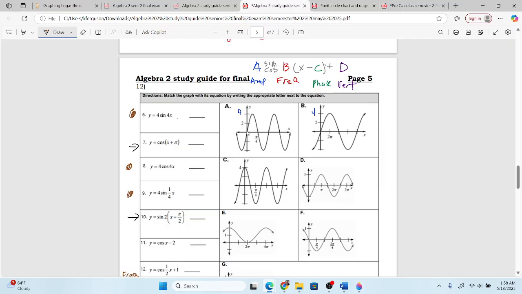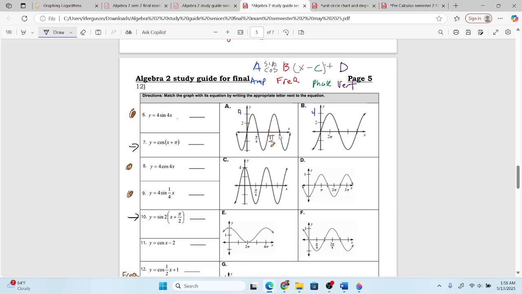Well, let's look right here. This goes from 0 to up, and it hits there at pi over 4. It's down here and hits right here. So if this is pi over 4, this is pi over 2, because pi over 4 and another pi over 4 is pi over 2.